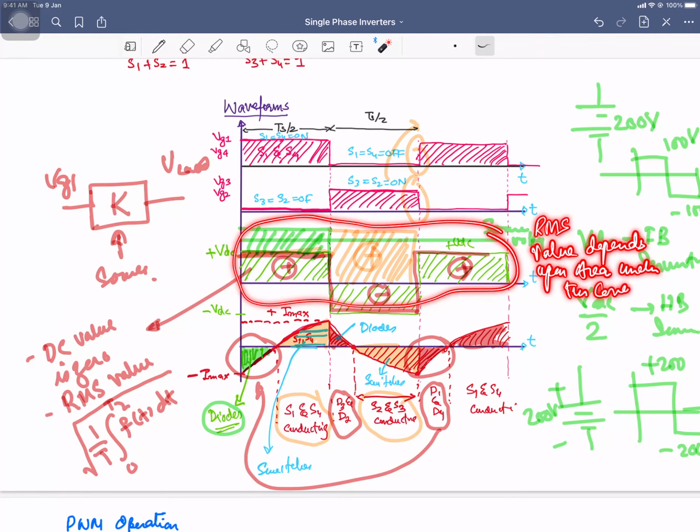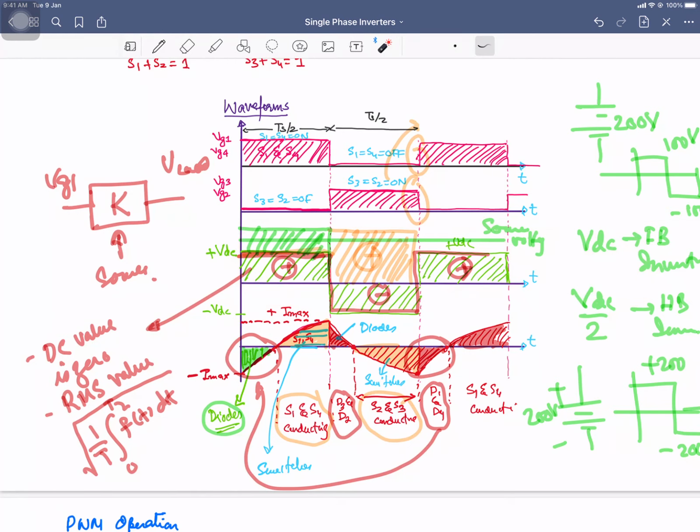If you cover more area, you get more RMS value, and if you reduce the area covered by the voltage waveform, the RMS value of the voltage will be reduced. So if you develop a mechanism to change the area under the load voltage, you will have to control the area covered by the gate voltage waveform.